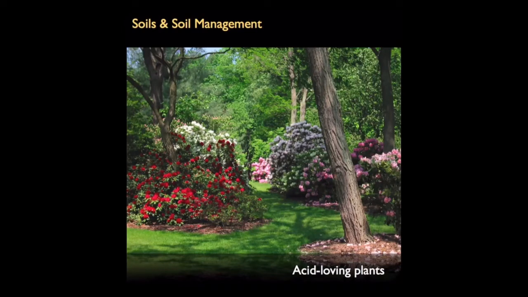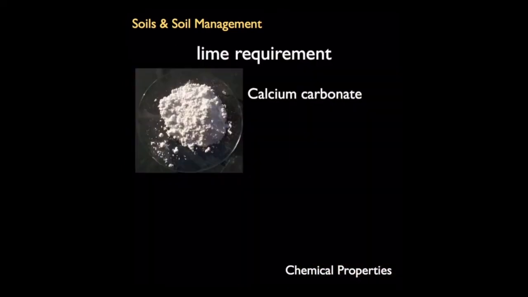but most plants perform best when the soil pH is between 6 and 7. When soils become too acidic, liming agents such as calcium or magnesium carbonates, oxides, and/or hydroxides can be added to correct the problem.